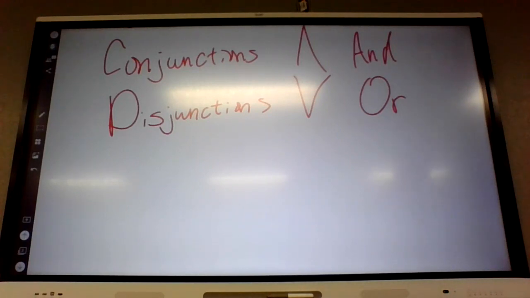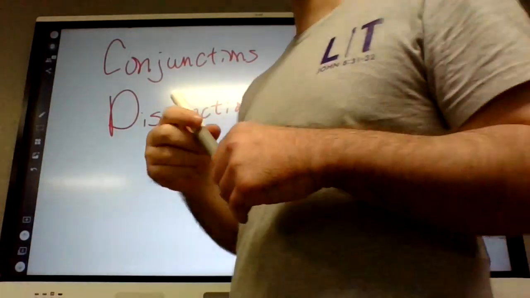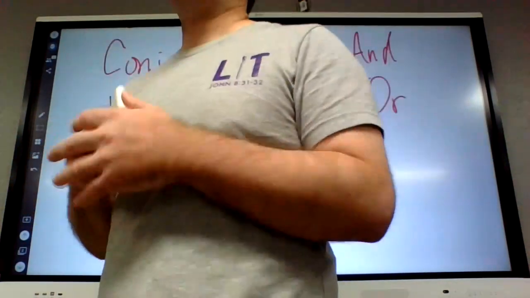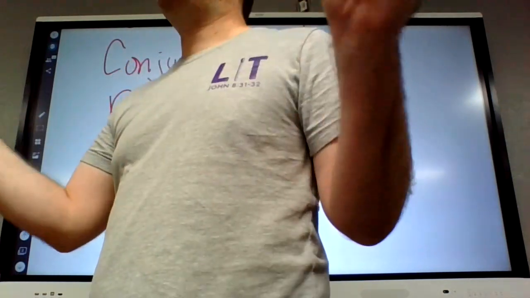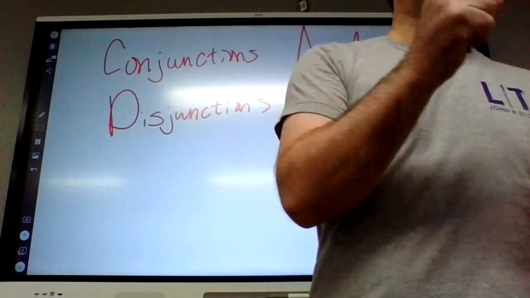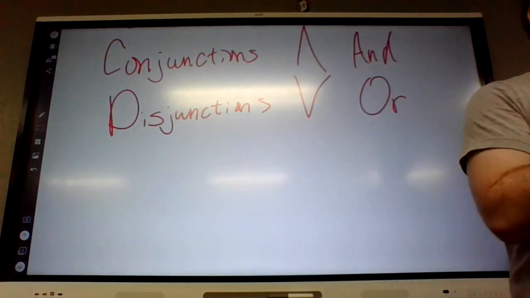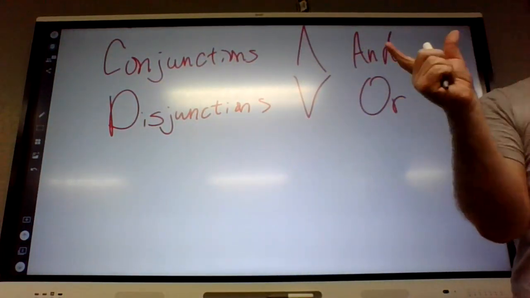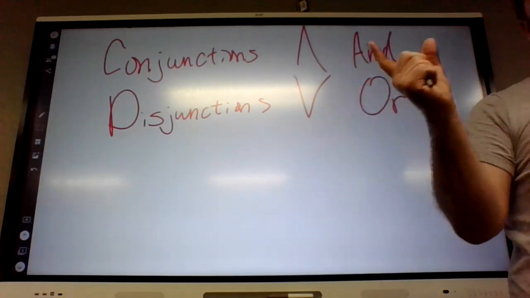So, or means if I say I'm either gonna go to, I don't know, Washington D.C. or California. Now, does that mean both of those have to be true? No. And means they both have to be true, guys, but or means just one of them can be true.